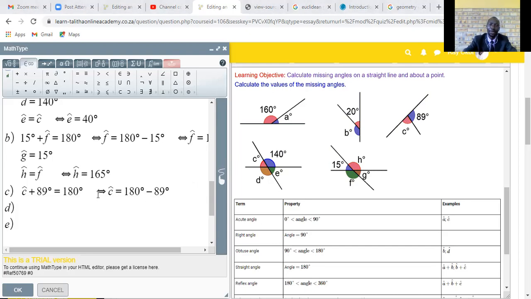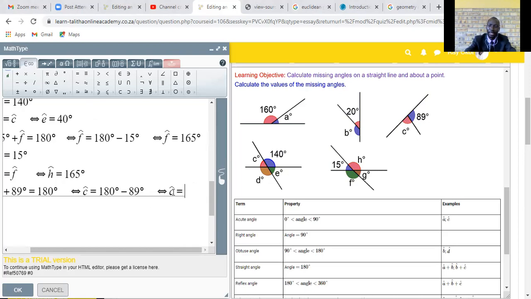And so we then go ahead and say angle C is going to be equal to 91 what? 91 degrees. This is how we calculate angle C.